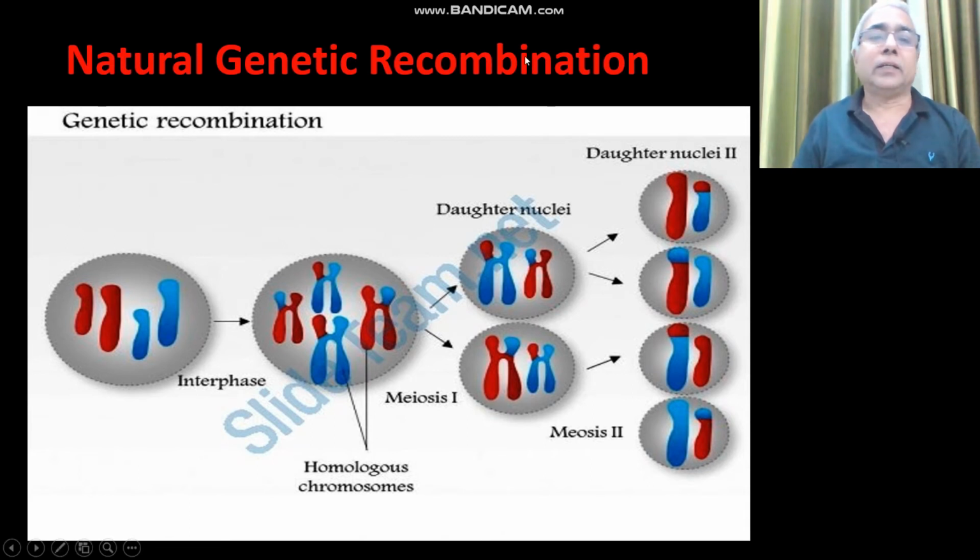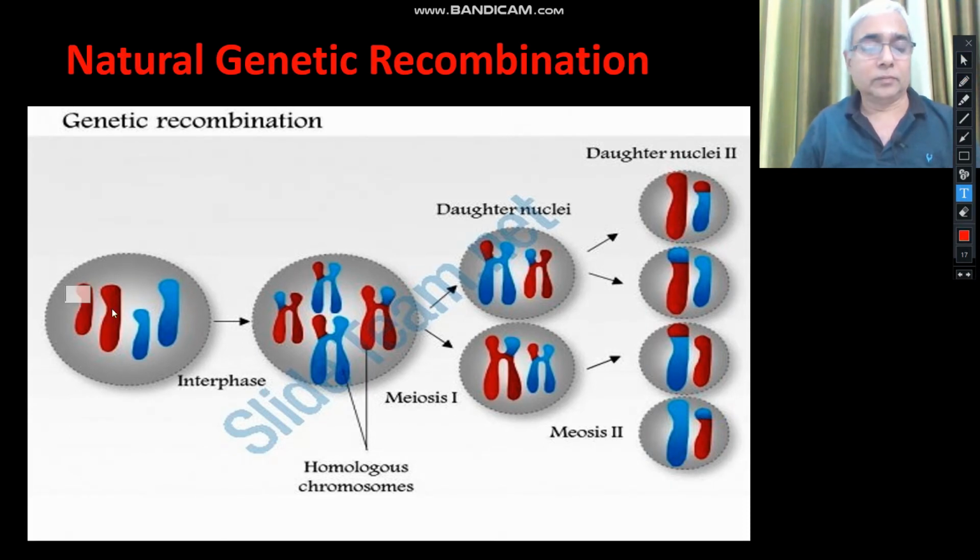You know that Mendel worked on peas, and he took two characters of the pea plant: yellow seeds and round seeds in one plant, and green seeds and wrinkled seeds in another plant.